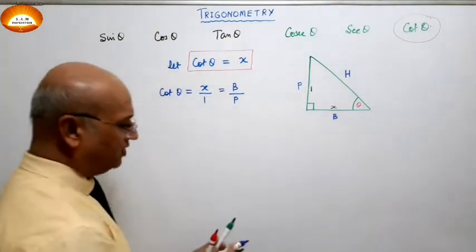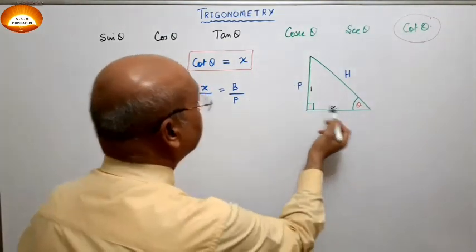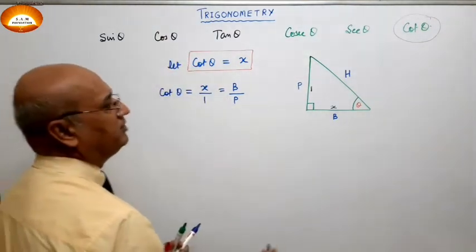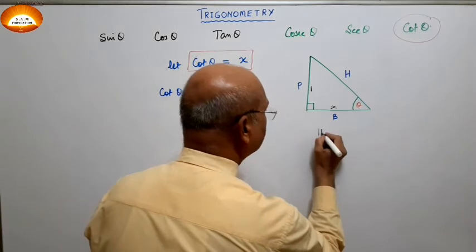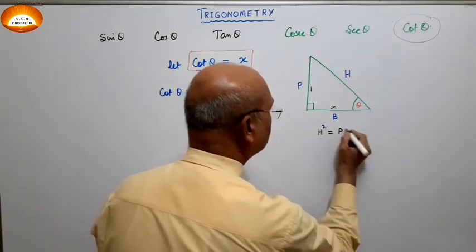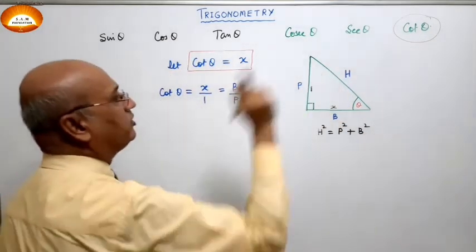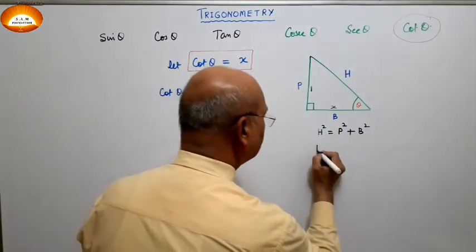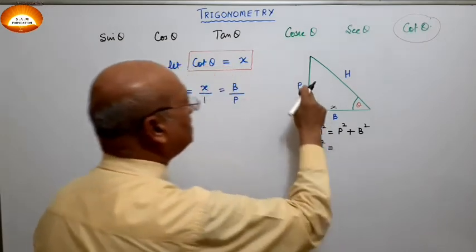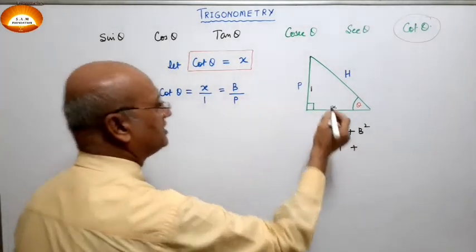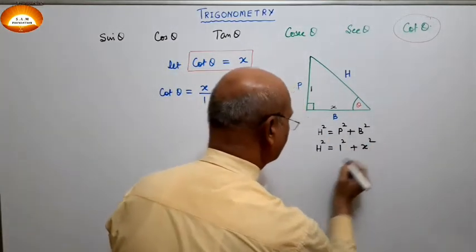Okay. Now after seeing this right angle triangle, Pythagoras theorem is applicable, you know that. So hypotenuse square equals perpendicular square plus base square. We don't know hypotenuse here. So hypotenuse square, perpendicular is 1, so it will be 1 square, and base is x, so it will be x square.